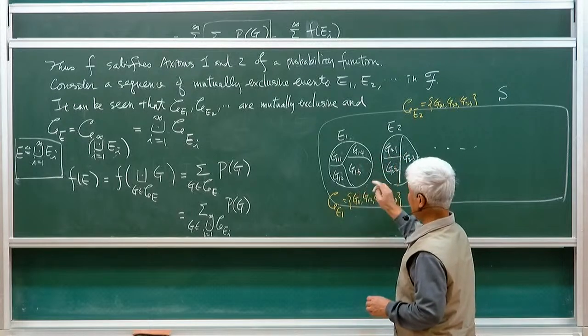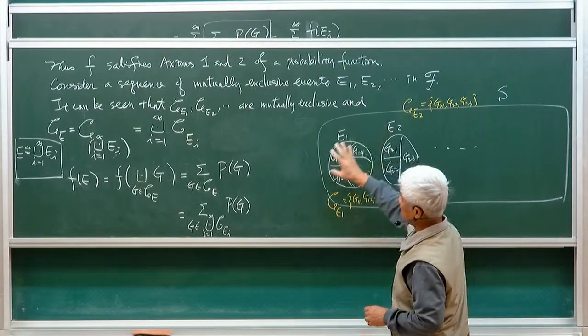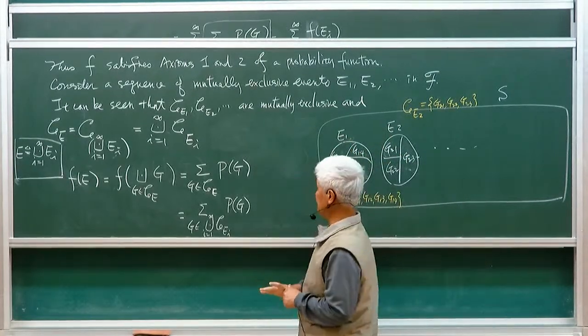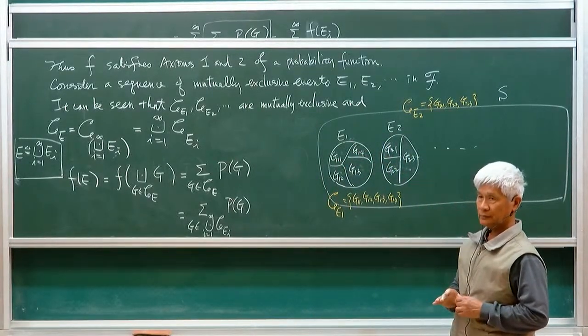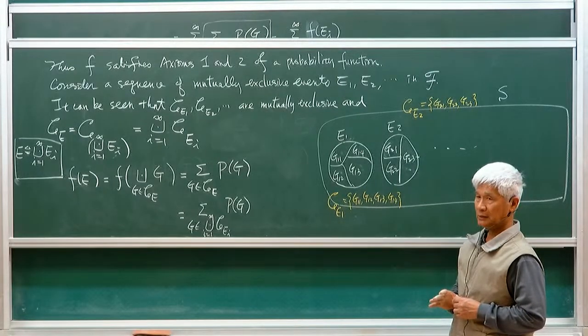To prove the countable additivity, we just assume E1, E2 are disjoint from each other.